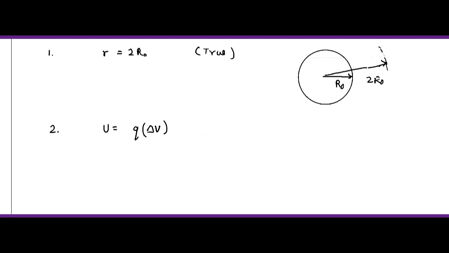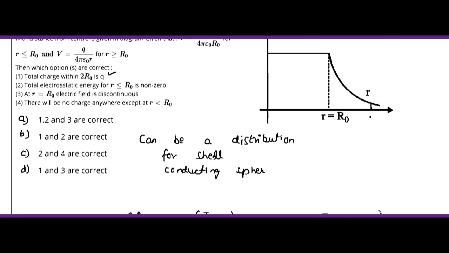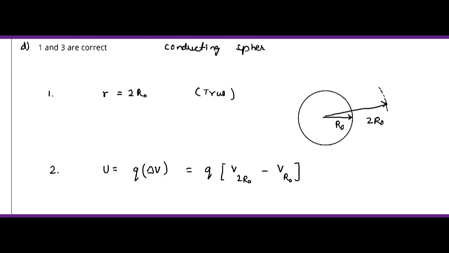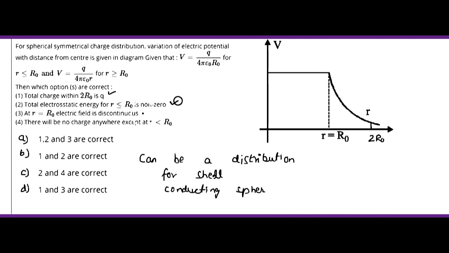Let's say we are moving from the surface at R naught up to a radial distance of 2 R naught, so it would be Q times V at 2 R naught minus V at R naught. Now from the graph itself, the potential at 2 R naught and the potential at R naught are not the same, so this term is not equal to 0. That means the electrostatic potential energy is not zero, so the second option is also true.